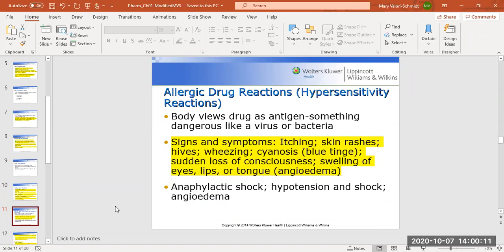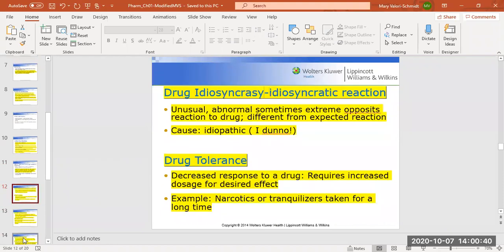And so their body responds with itching, skin rashes, hives, wheezing, which is a musical sound, cyanosis, a blue tinge, to severe sudden loss of consciousness, swelling of the eyes, lips, or tongue, which is angioedema. And the tongue gets so swollen that anything here will swell up, and they won't be able to breathe, which they'll go into anaphylactic shock and they'll die. Okay, so that's allergic drug reactions.